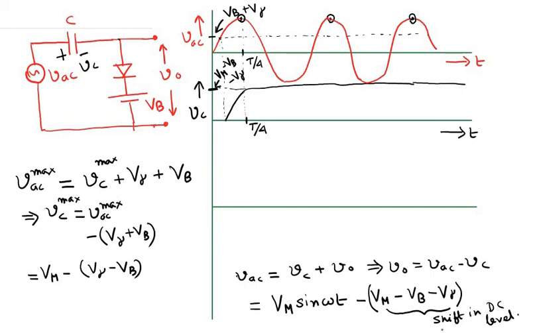Earlier I stated that this voltage source Vb is used to control how much shift in DC level I can have. By varying this voltage Vb, I can change the shift in DC level of my output. So in this equation for V0, what are the parameters that I can control? I cannot control my input voltage Vm, because if I change the input voltage, everything would change.